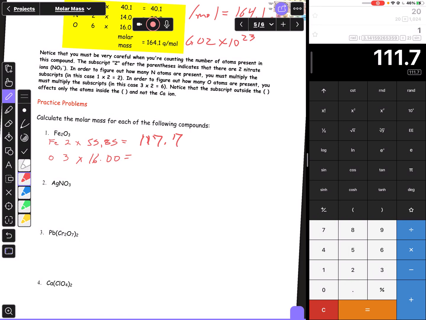Oxygen 3 times 16.00 is going to be 48.00. Now I just add those up, and I get 159.7. If I want to show it to 2 decimal places, it'd be 159.70. I can't forget my units. That's grams per mole.